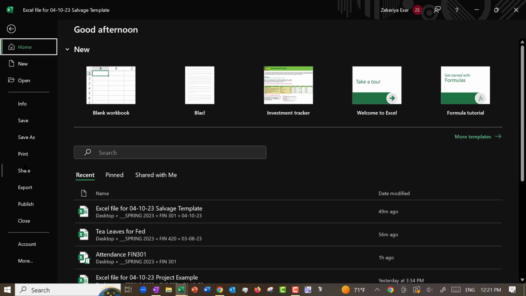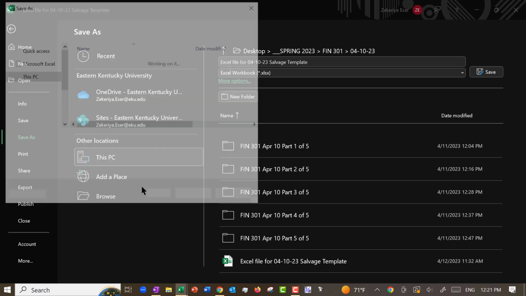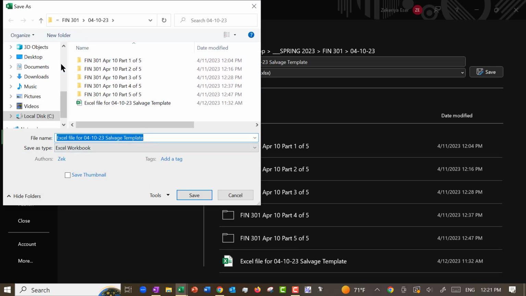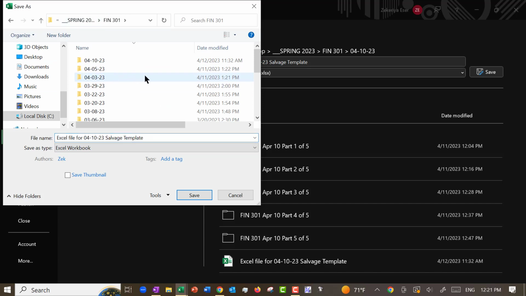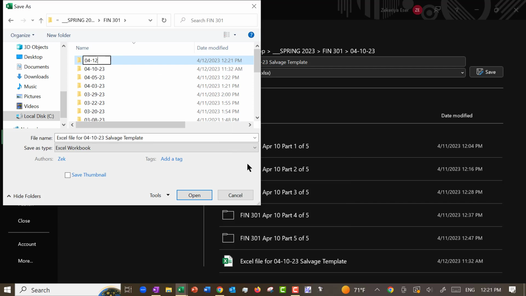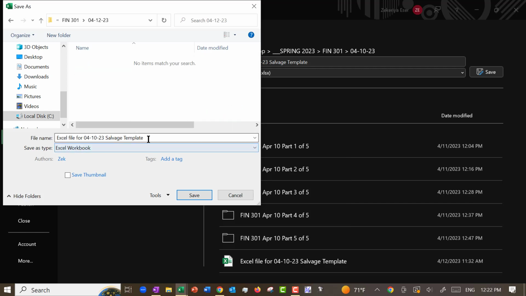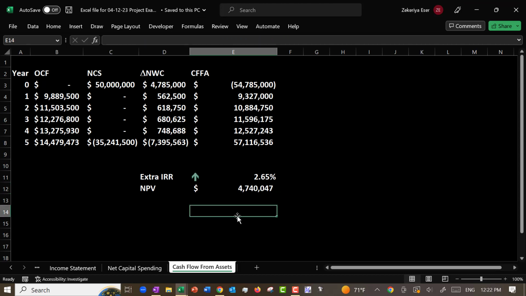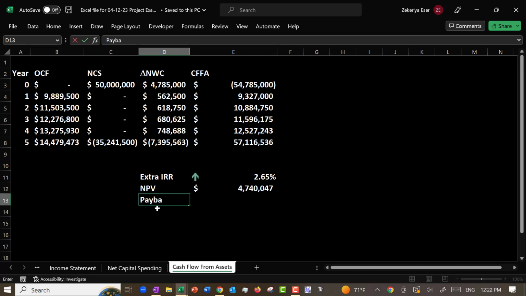Let me save this file. There are other criteria you could calculate.